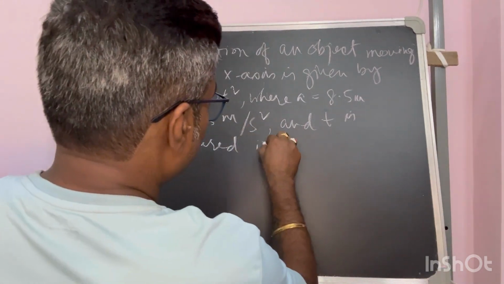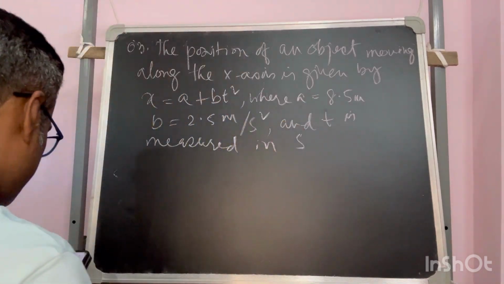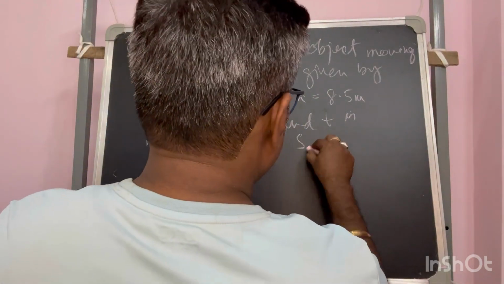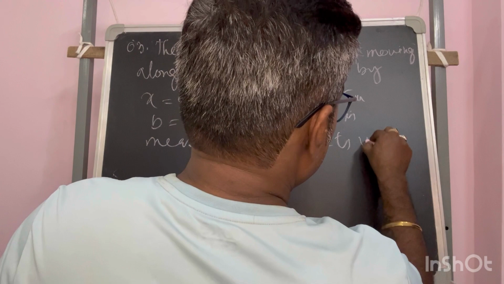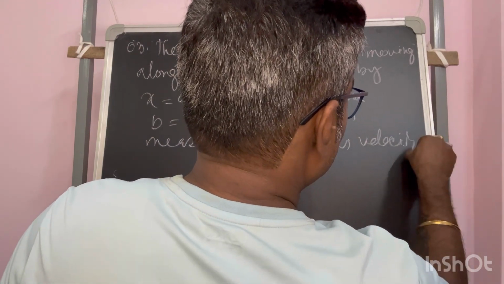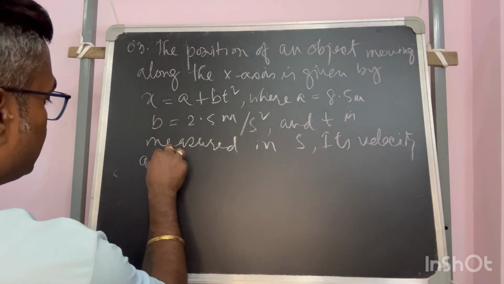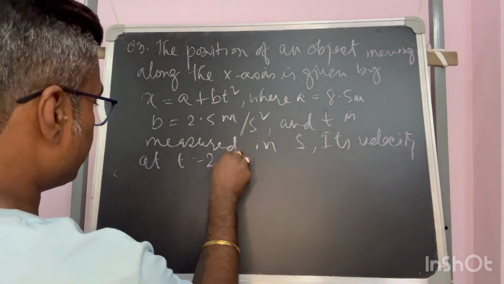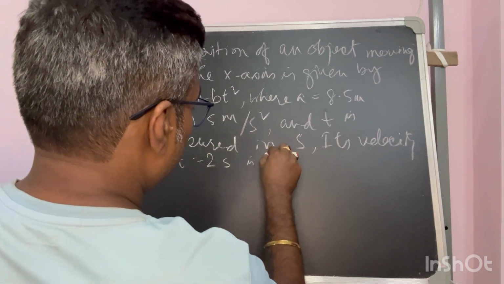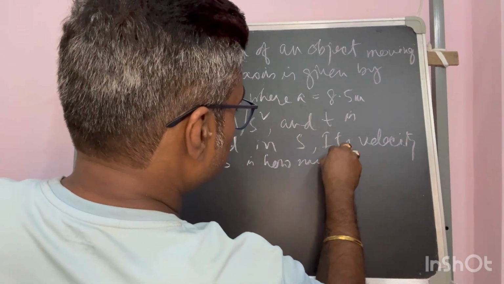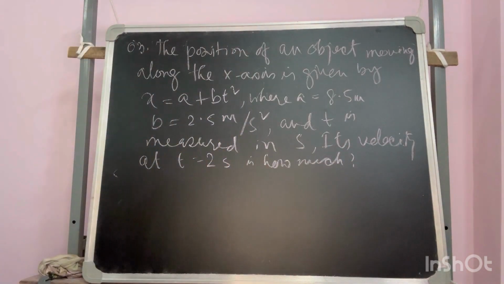That means t is time. Its velocity at t is equal to 2 seconds is how much? So you have to calculate what is the velocity at t is equal to 2.